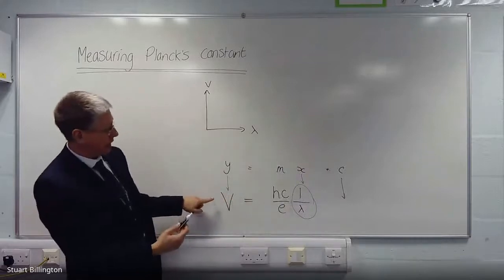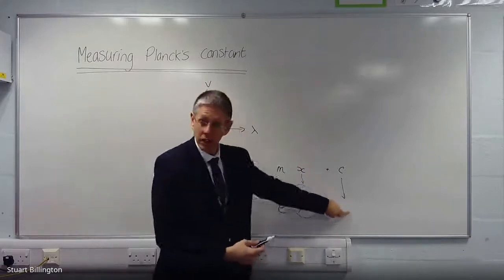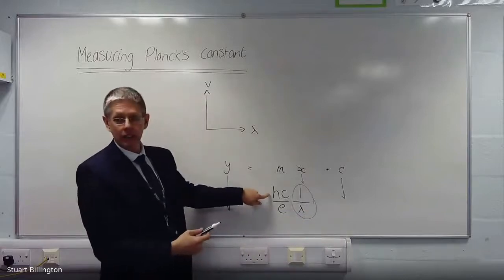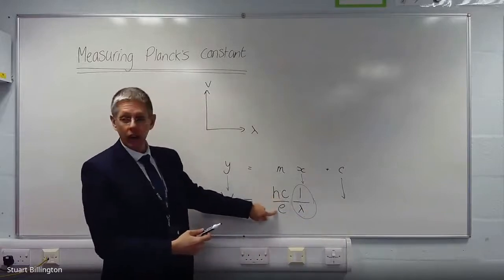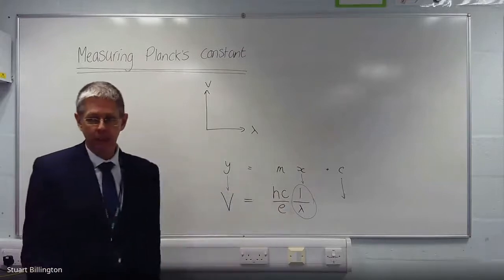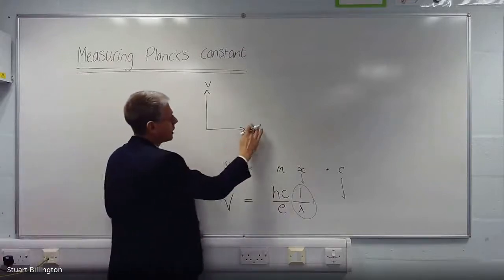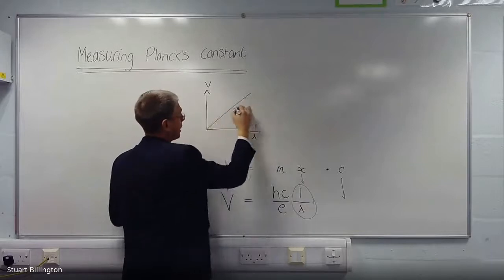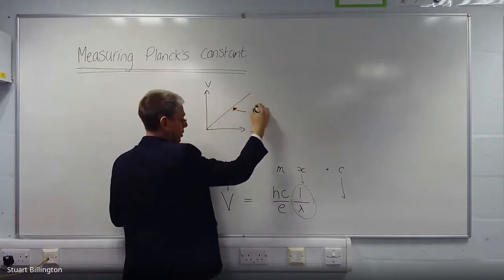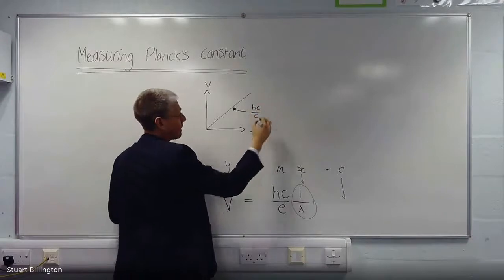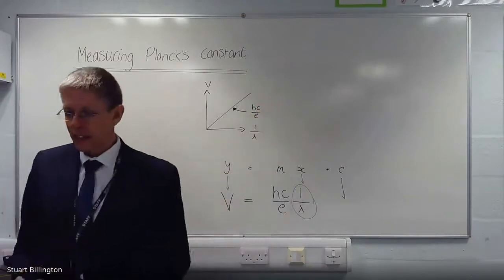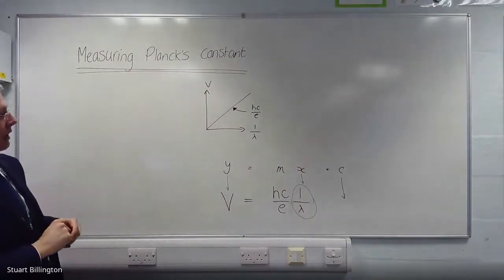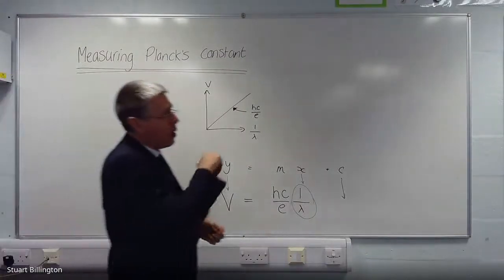We will get a straight line that passes through the origin because there's no intercept, and it will have gradient hc over e. That's the prediction. So if we plot 1 over lambda there, we should get a straight line, and its gradient should be hc over e. So we just need to check if our data works.